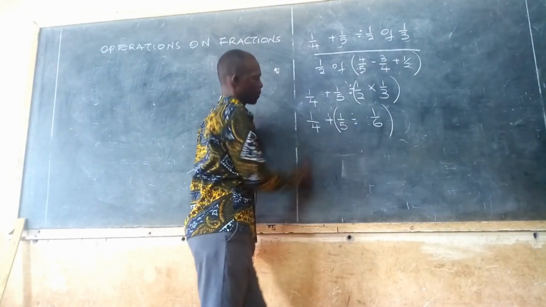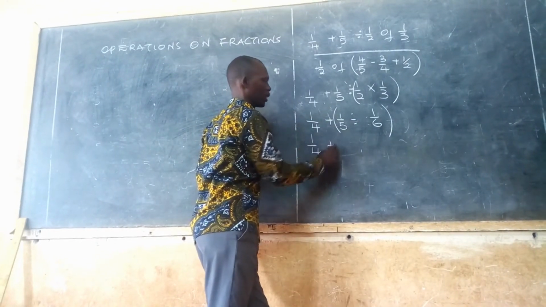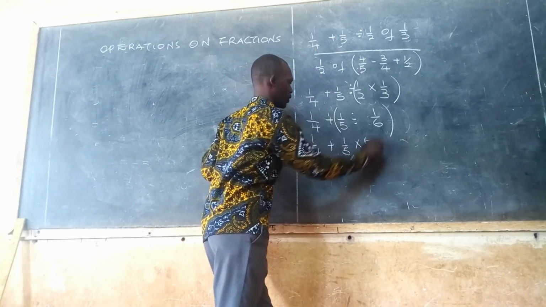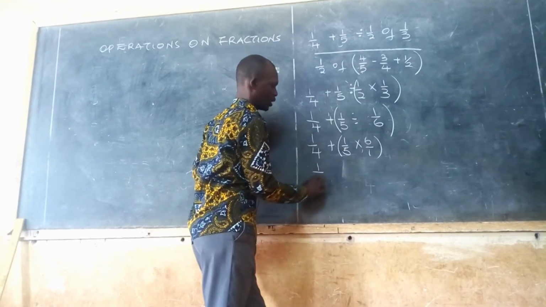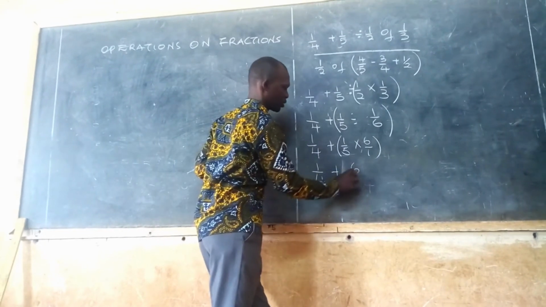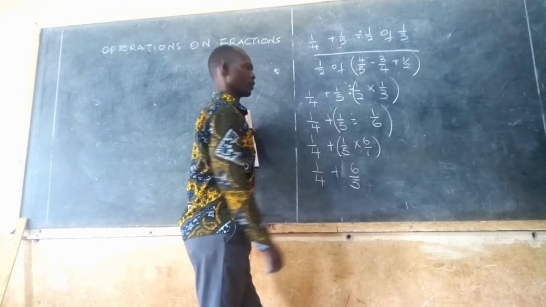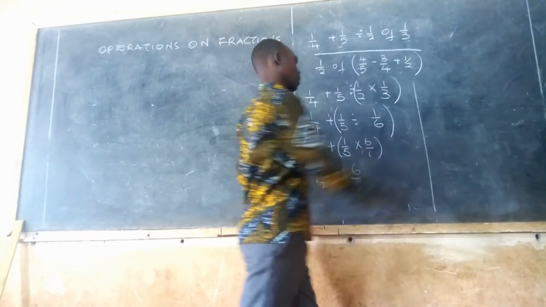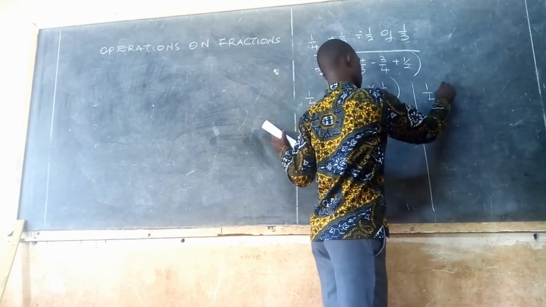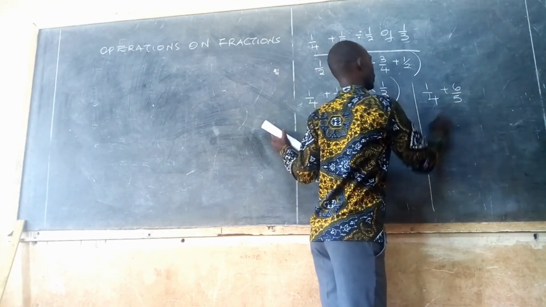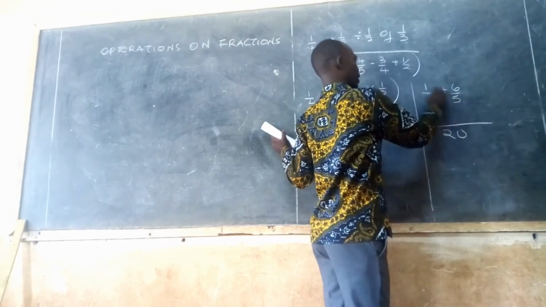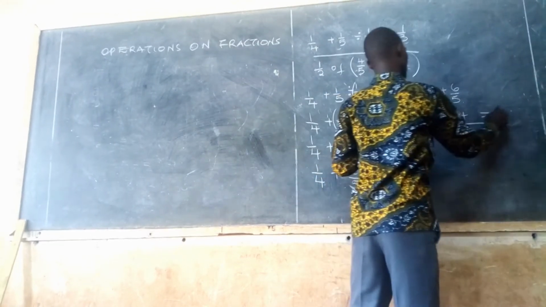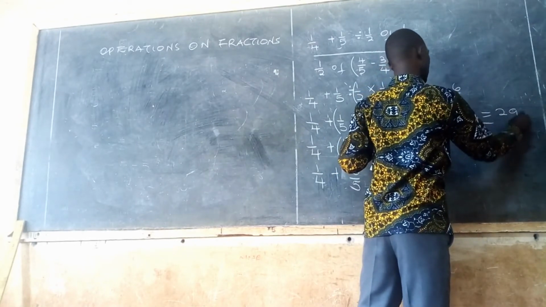Division: 1 over 4 plus 1 over 5 times 6 over 1. That will give me 1 over 4 plus 6 over 5. I'm choosing again direct multiplication. If I have 1 over 4 plus 6 over 5, 20, 5 times 1, 4. So I'll have 29 over 20.